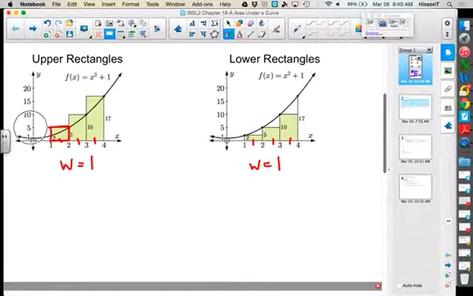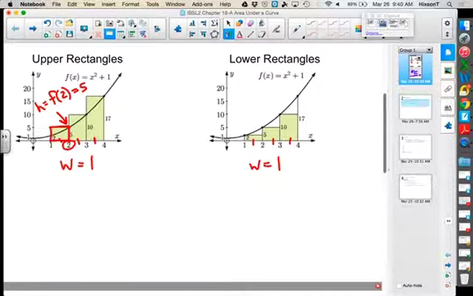How would I use my function to do that? You plug the x coordinate in. Here I'm using 2. So the height of this rectangle is f of 2, which in this case is 5.